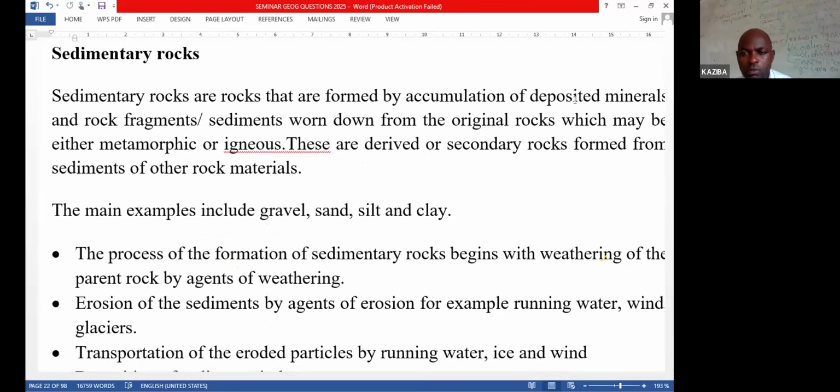When they give you that question, begin by defining sedimentary rocks or account for the formation of sedimentary rocks.